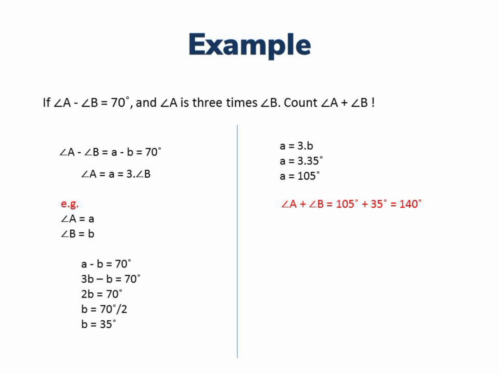So A equals 3 times 35 degrees and A equals 105 degrees. So we can solve this with angle A plus angle B is equal to 105 degrees plus 35 degrees, and that equals 140 degrees.